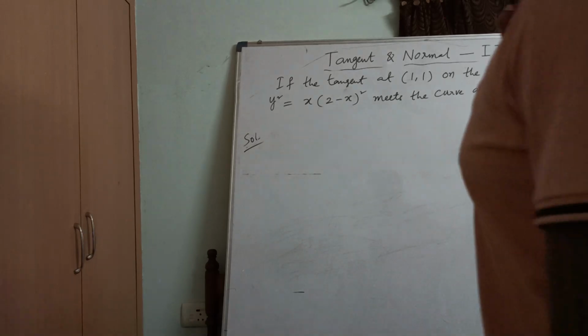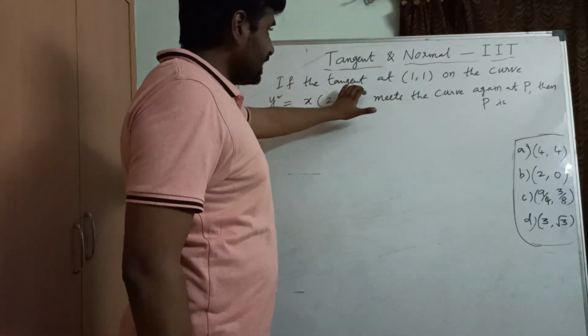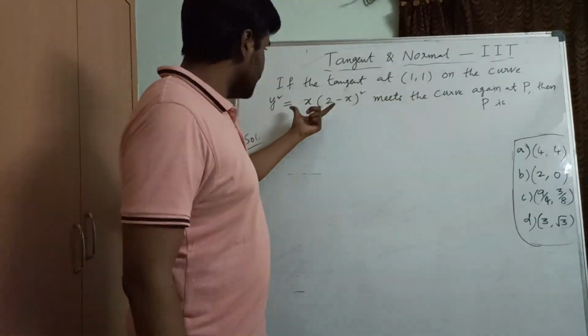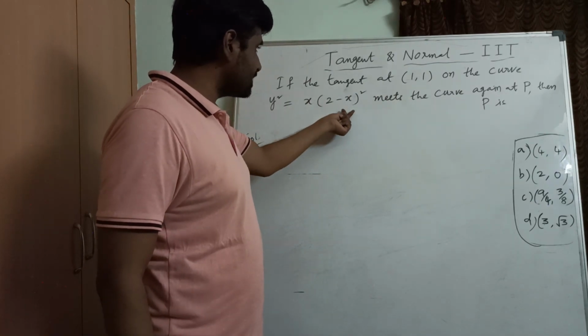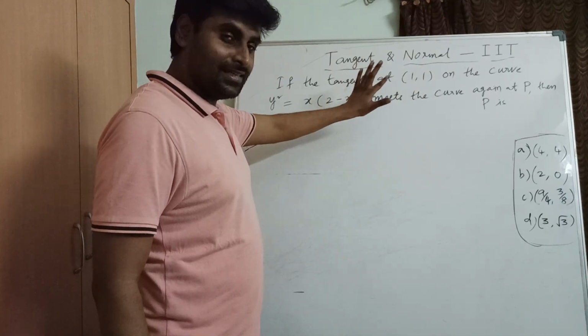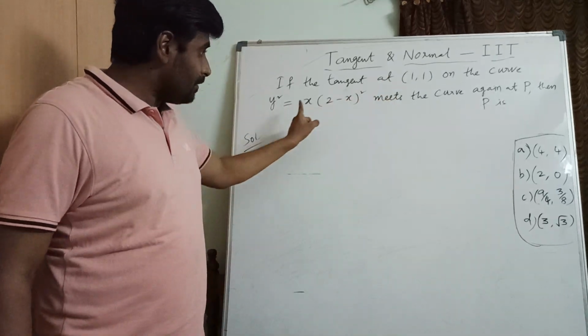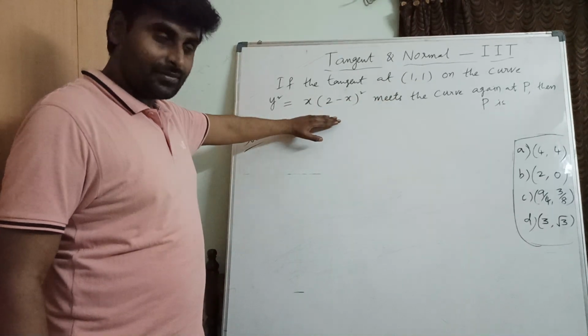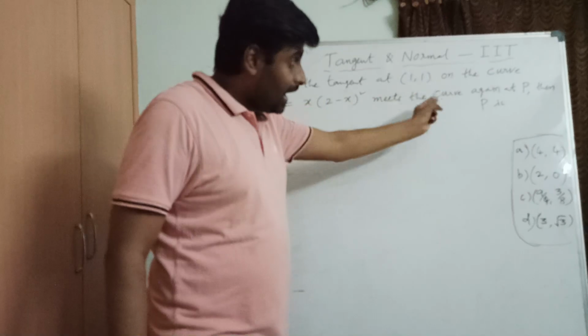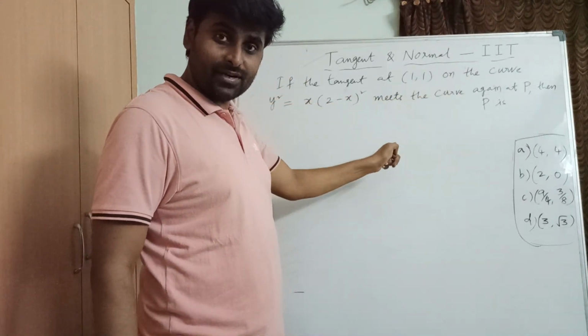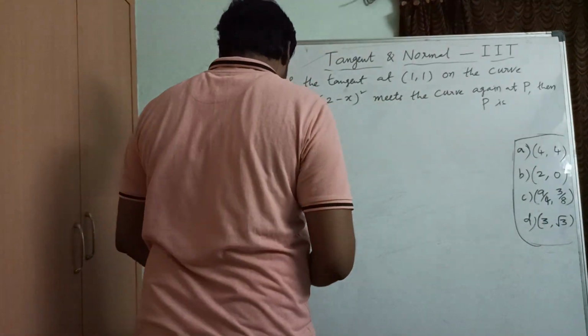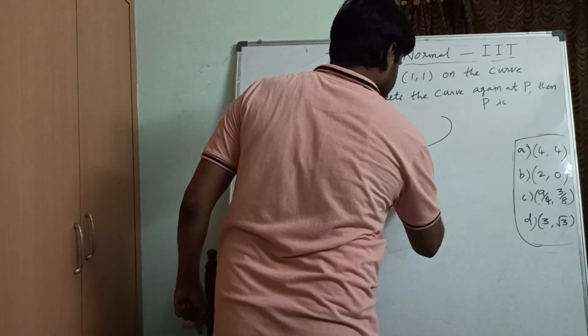Now, let us look at this question. If the tangent at 1 comma 1 on the curve y square equals x into 2 minus x whole square is drawn at the point 1 comma 1, it meets the curve again at one more point. For example, take a curve like this.